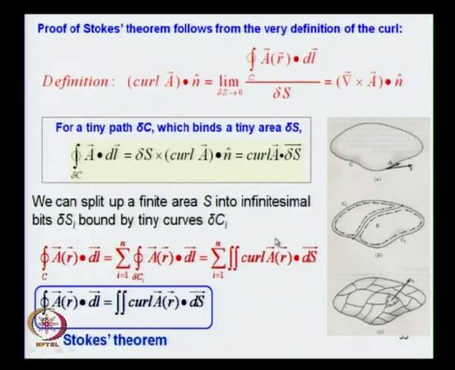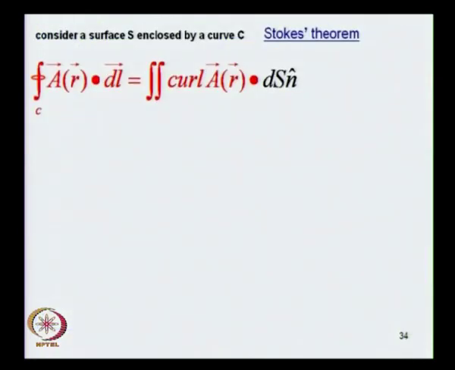It will remind you, for those of you who have studied complex analysis, of Cauchy's theorem, and what it does is it connects the properties along the boundary of a region with what is inside it. So that is a connection, and it is very rigorously quantitatively established in terms of the Stokes theorem.